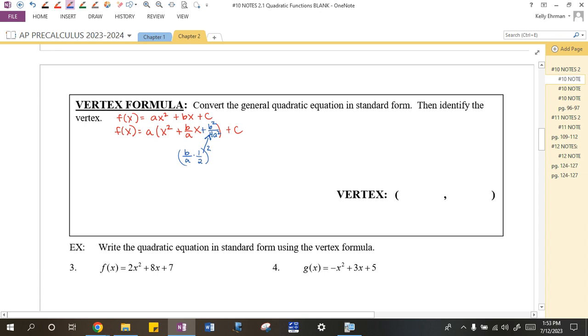Okay, now, did I add b squared over 4a squared? No. If I multiply that by a, I actually just added b squared over 4a squared times a, and a over 4a squared becomes over 4a. So to balance that out, I'm going to subtract b squared over 4a.